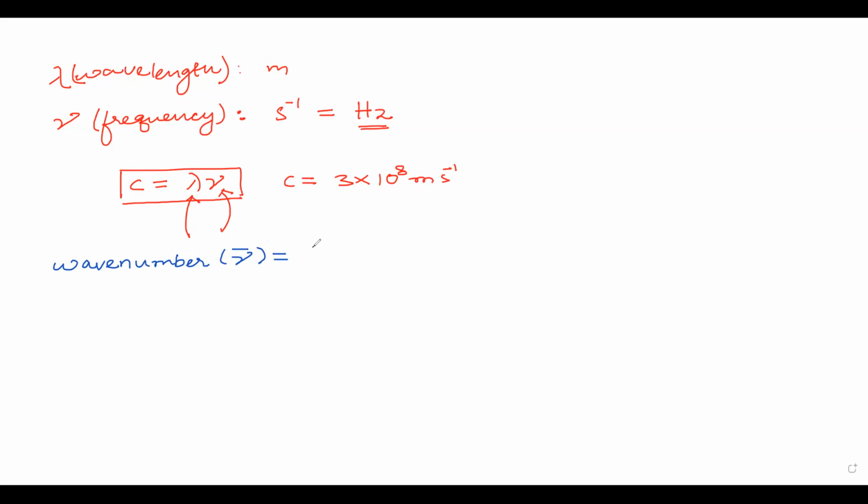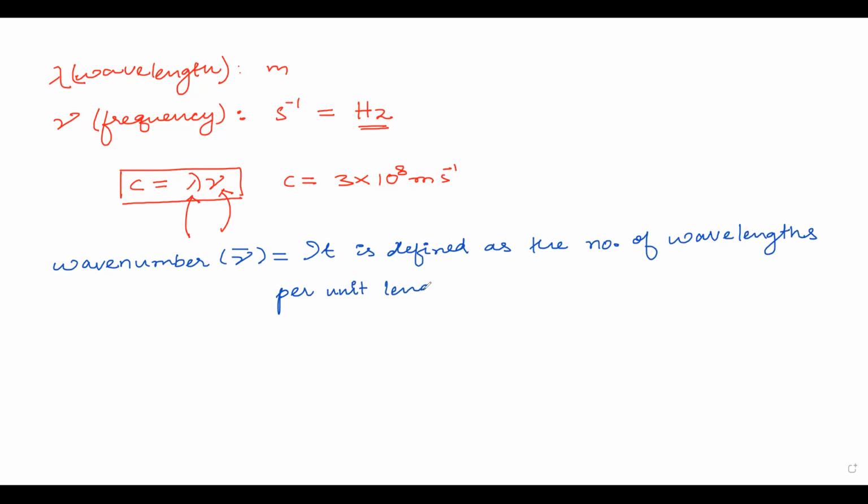It is defined as the number of wavelengths per unit length. Okay, per unit length. You got it? Number of wavelengths per unit length.